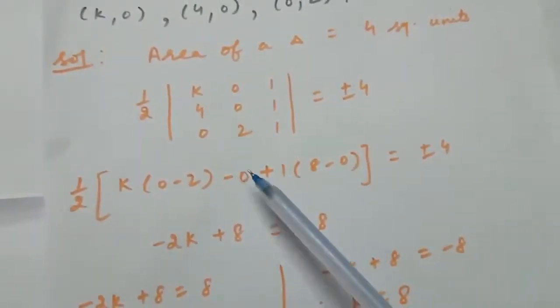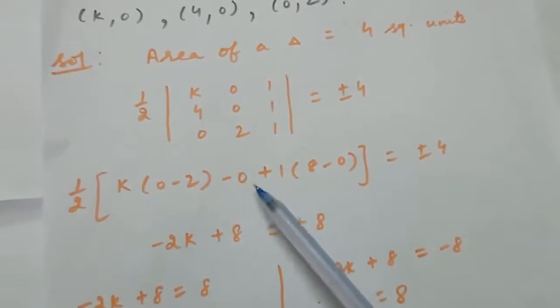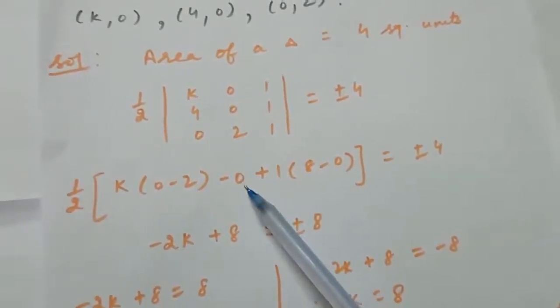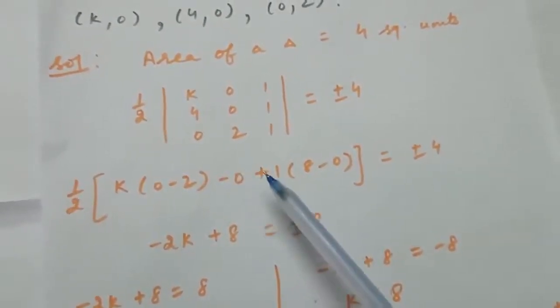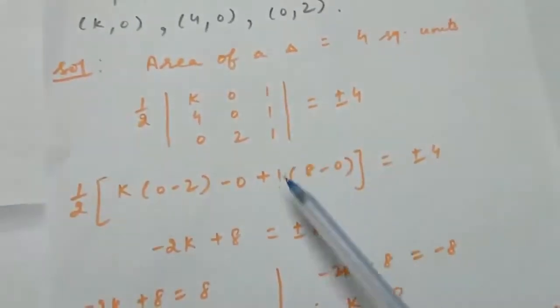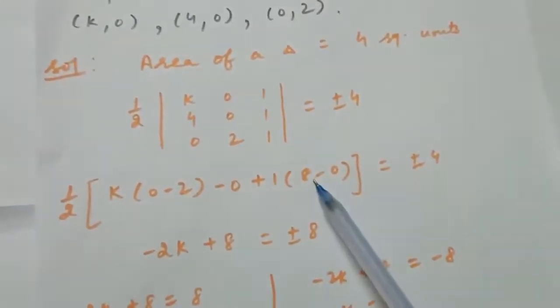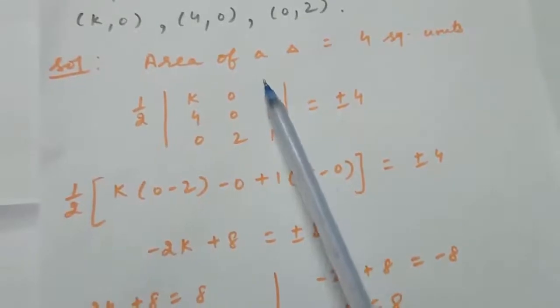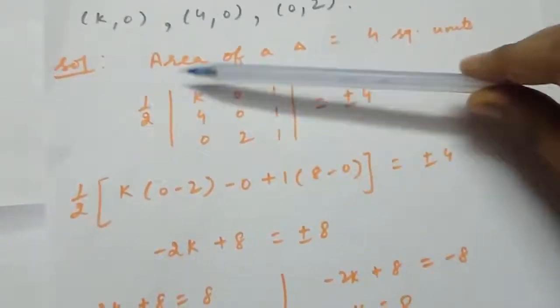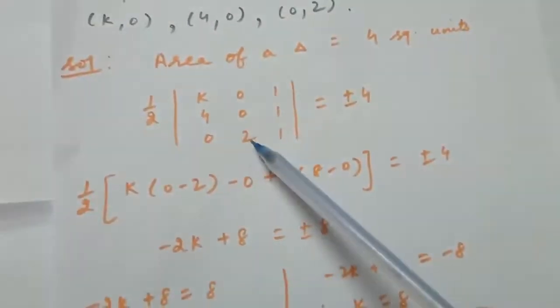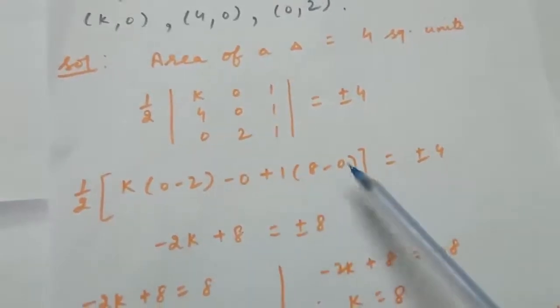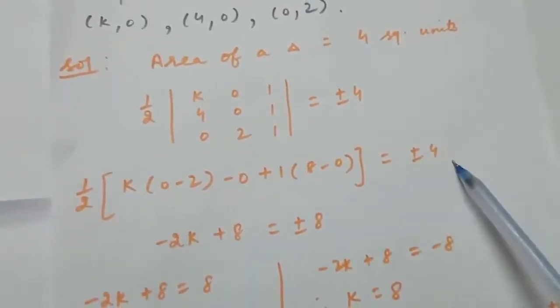Because it is 0, I have not written the values of the second order determinant which you will get with this 0, right? Then plus the third element 1 into, delete this third column and first row, so you will get 4 into 2 minus 0, equal to plus minus 4.